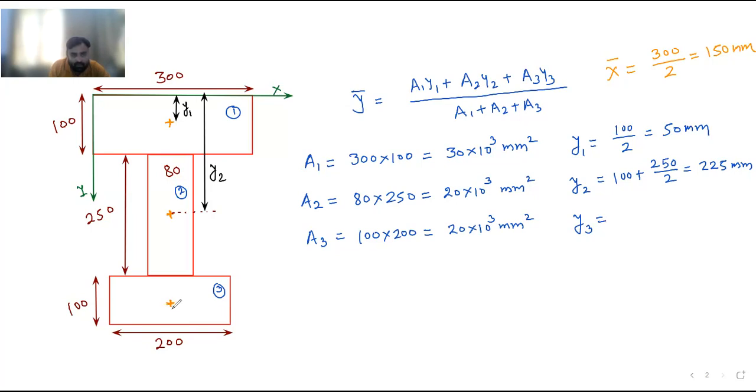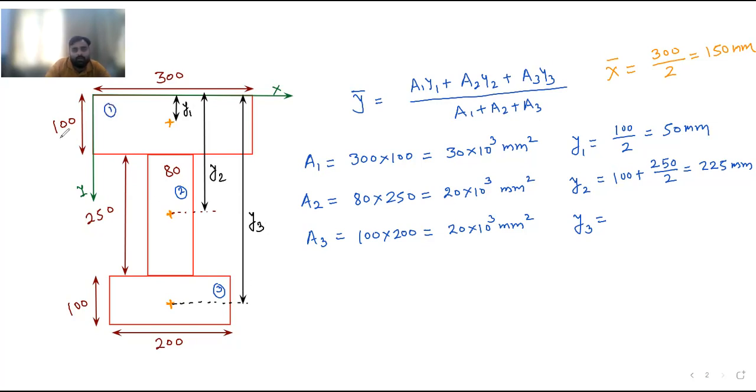Now the centroid of the third figure, distance from the reference axis. My reference axis is here at the top. If I project it, then this total distance from the top is nothing but y3. Now how much is y3?